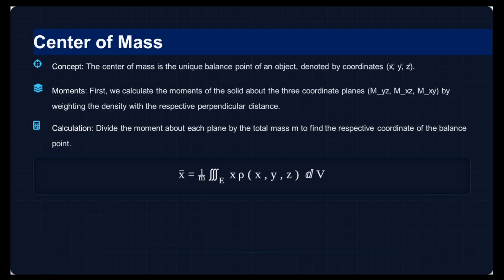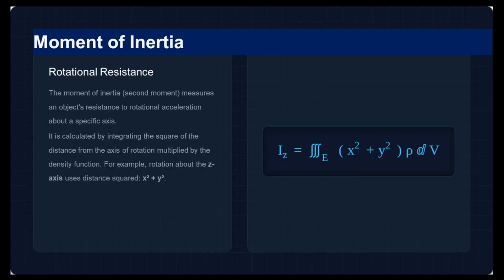After calculating these moments, we divide them by the total mass. So x bar equals M_yz divided by M, and so on. Similarly, z bar equals M_xy divided by M. So simply, the center of mass tells us where the object is balanced according to how the mass is distributed around it.